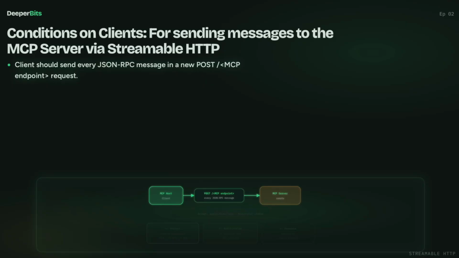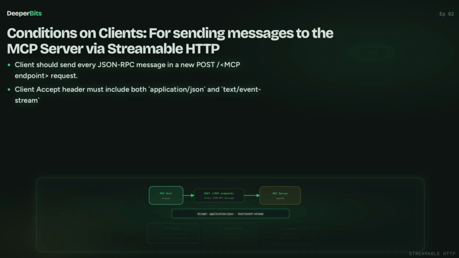Now the next condition is whenever a client is sending a request to the MCP server, I have told you that either you can use HTTP or you can use SSE as well. So in the client header there is an Accept header. This is a general header in communication protocols. This Accept header should include both application/json and text/event-stream. Let's say the MCP server wants to respond via HTTP only.